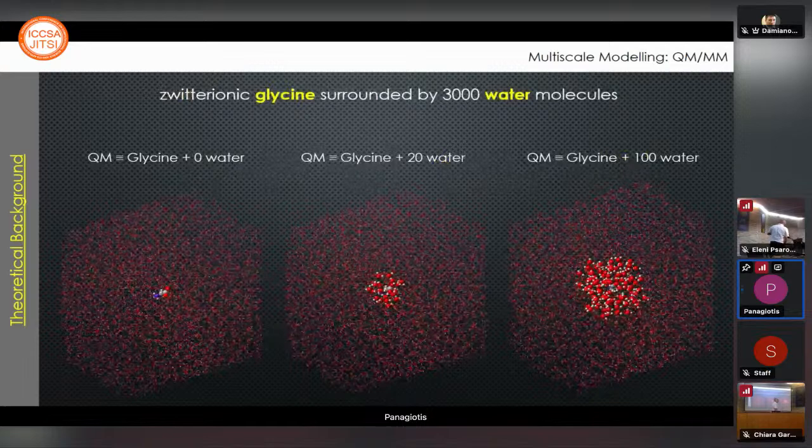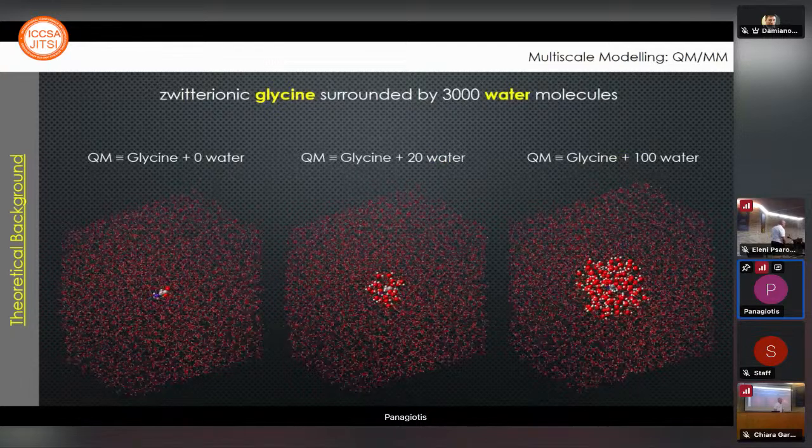Well, if we want to do a simulation, a dynamic QM simulation, the first thing we have to do is to choose the QM region. So in this example, this is the Schweitzer ion, it's a glycine molecule. Well, in chemistry, a Schweitzer ion is a neutral molecule, but with a positive charge and negative charge located in different atomic sites.